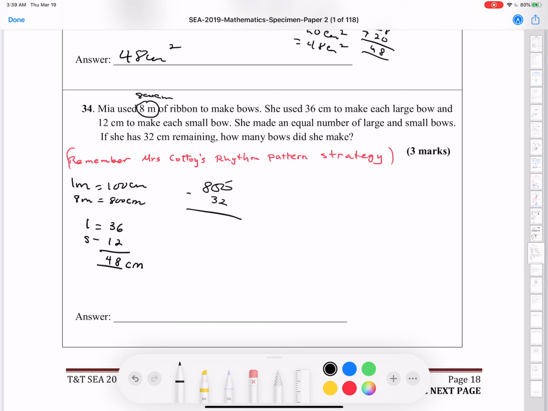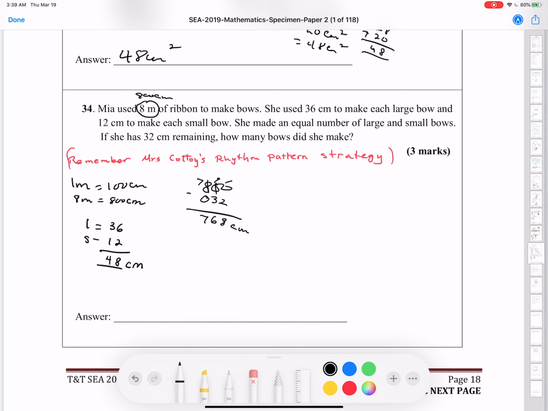Let's regroup. 10 take away 2, 8, 9 take away 3, 6, 7 take away 0, 7. So she had 768 centimeters that she used on bows.